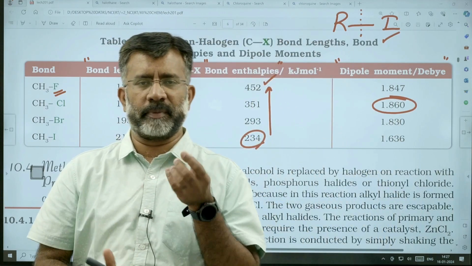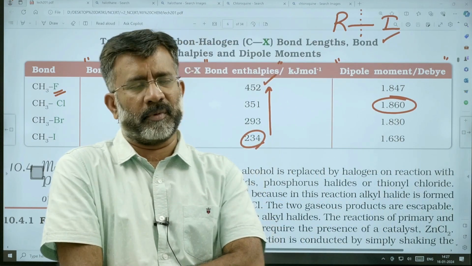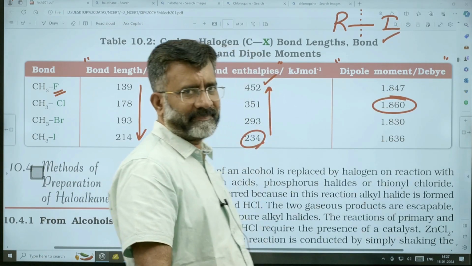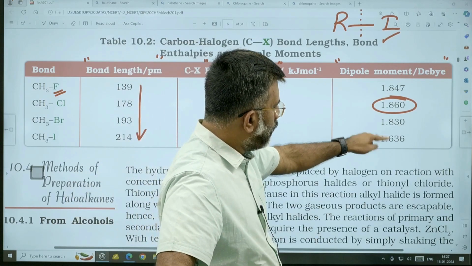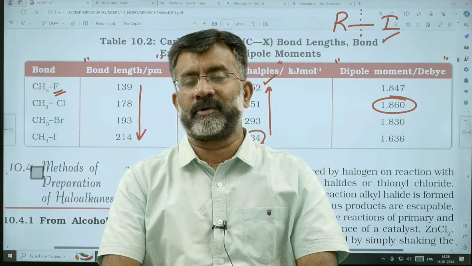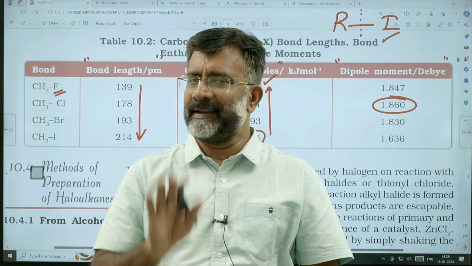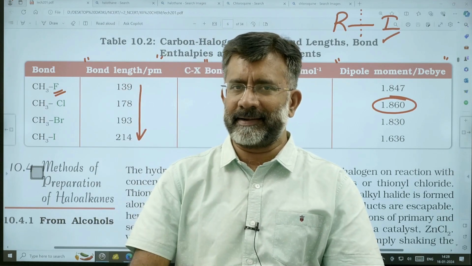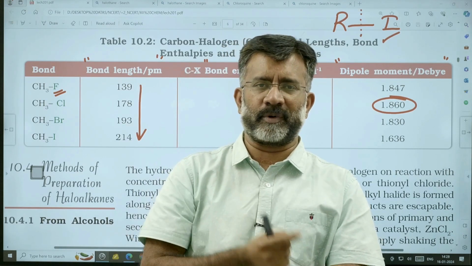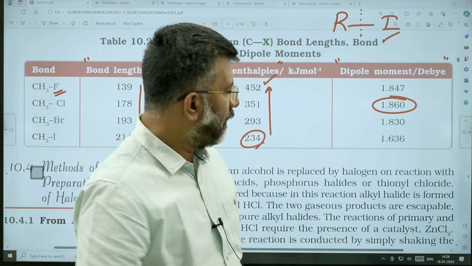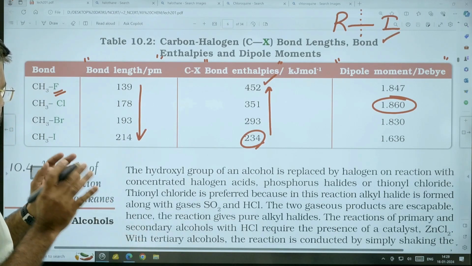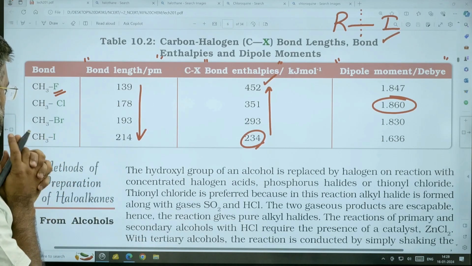This is 1.86, this is 1.847, while the others are lower, 1.83, 1.63, like that. So it is not methyl fluoride, rather methyl chloride that has a greater dipole moment, even though marginally. That's about the characteristics of the carbon halogen bond in alkyl halides.